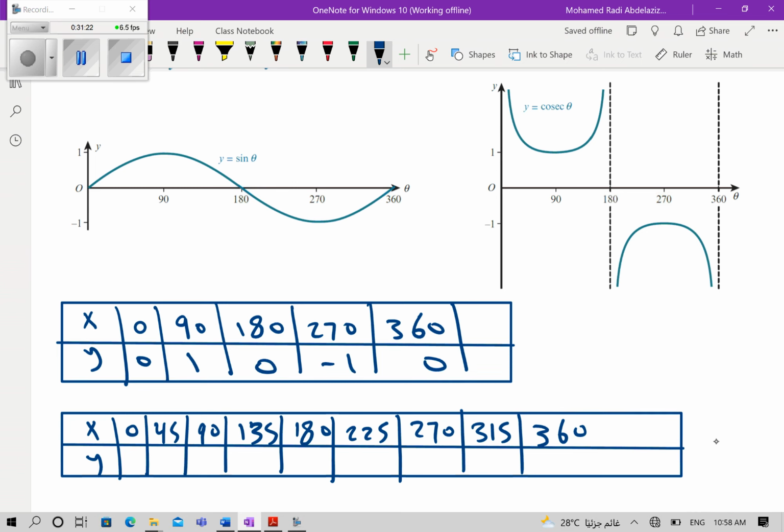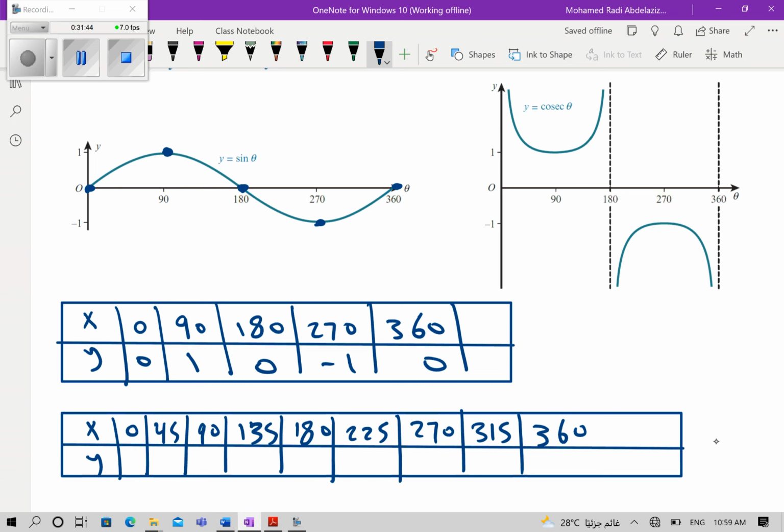If you take the steps to be 45 or 30 and plot the points of the graph: 0 at 0, 1 at 90, 0 at 180, negative 1 at 270, 0 at 360. Clear?